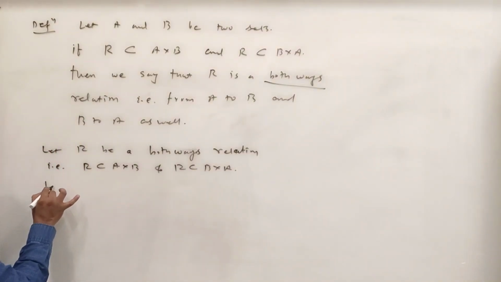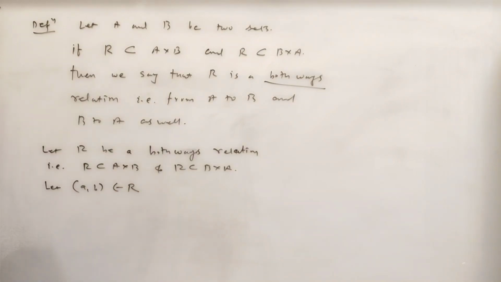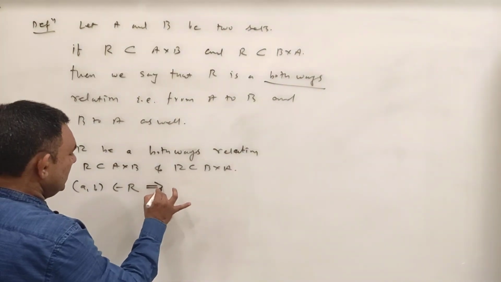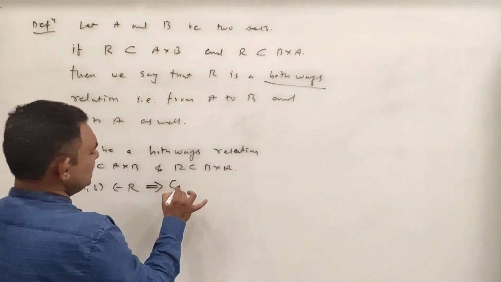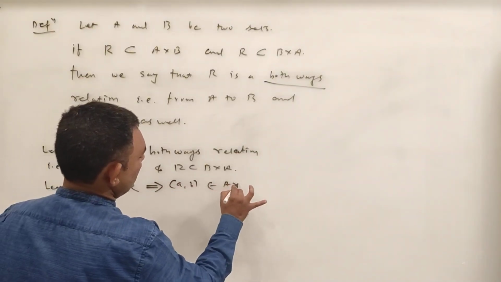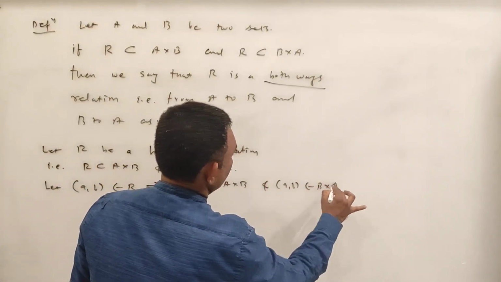Okay, so you take one element AB from R. तो क्या होगा? This AB belongs to R. It means this AB will belong to A cross B and this AB will be in B cross A.